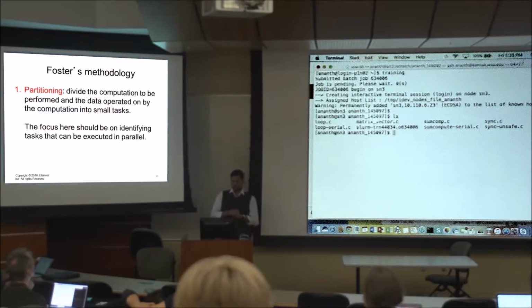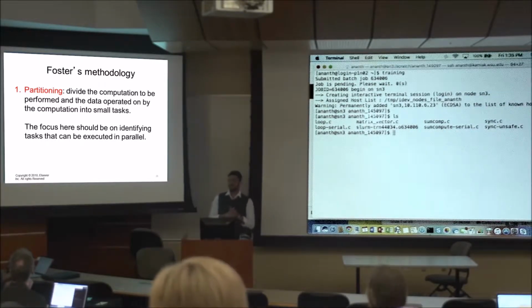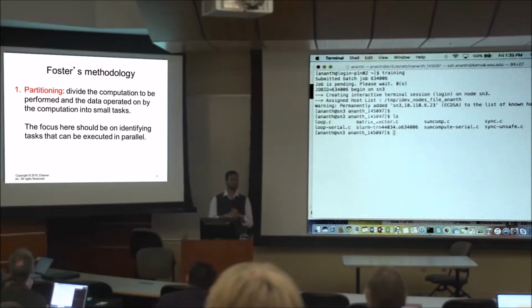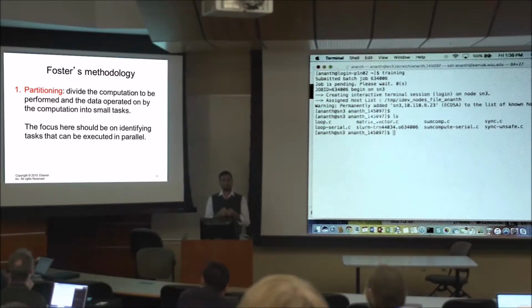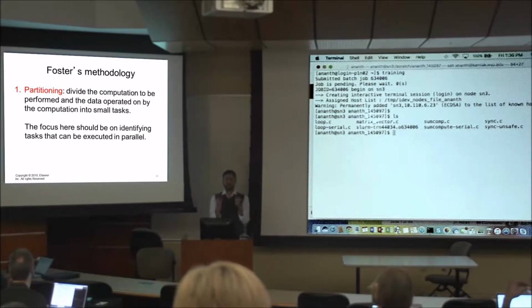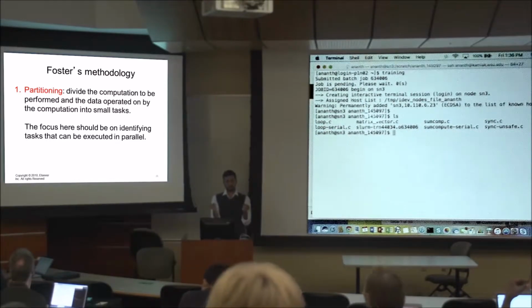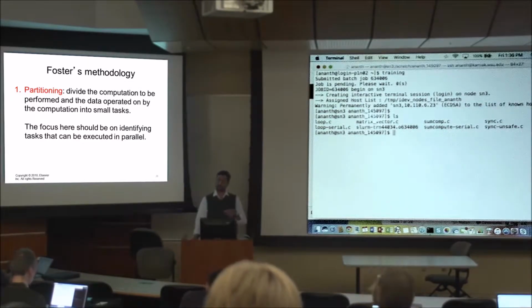So there are some basic terms or techniques, I should say, that are used in order to parallelize a program. Let's say you have a serial code and you're trying to parallelize it. We want to identify certain characteristics of the underlying method before we start parallelizing it. Okay, so one is we want to make sure how to partition either the tasks or the data.